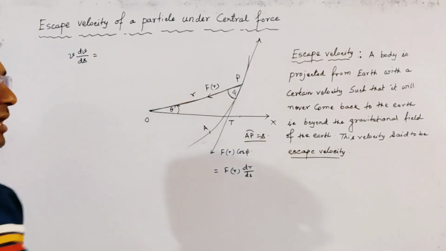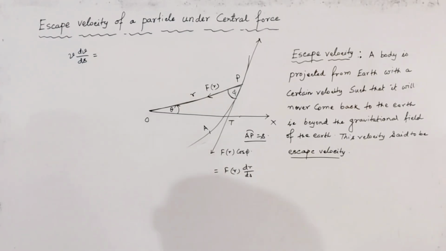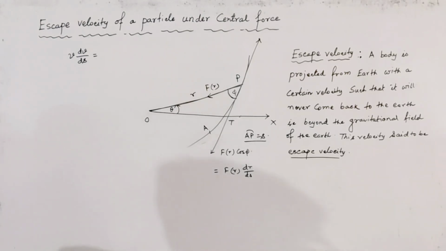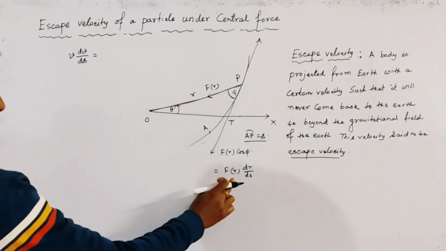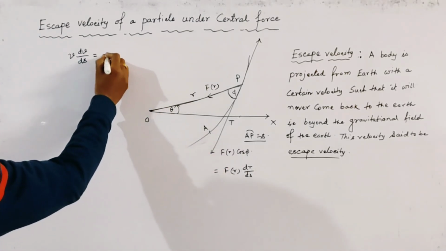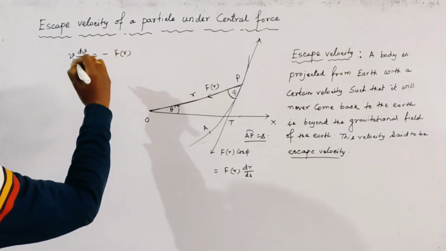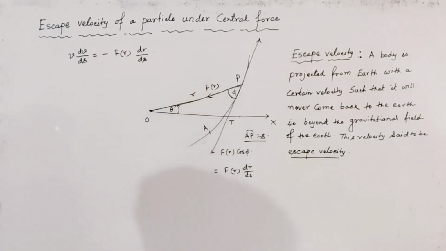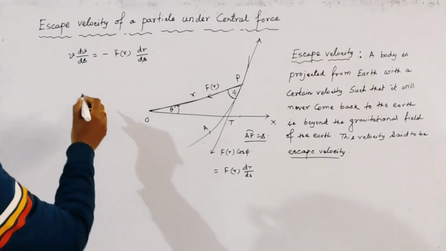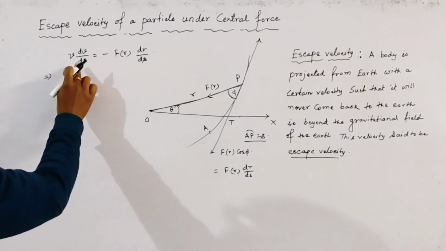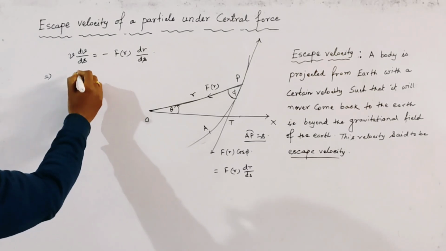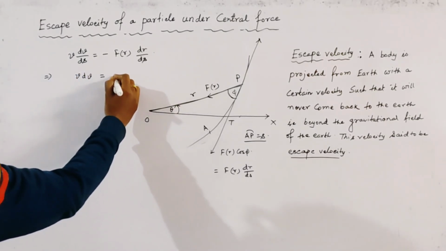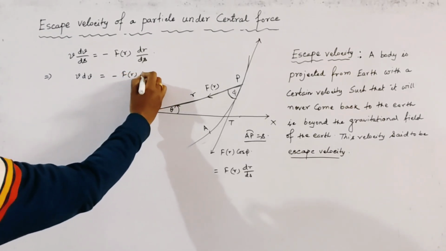This is in the direction opposite to the positive tangent, so it equals minus f(r) dr/ds. Now cancelling ds from both sides, we get v dv equals minus f(r) dr.